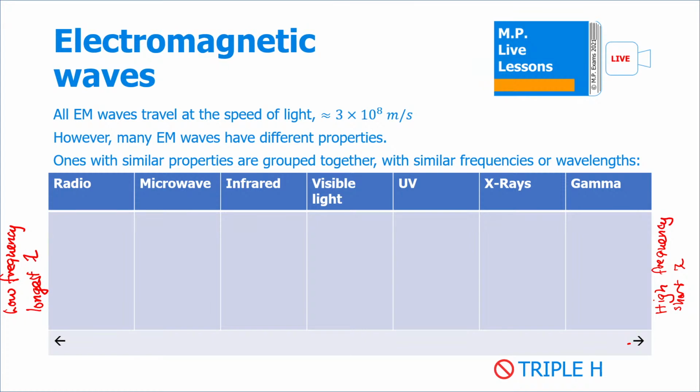So first we start off with radio waves, and now these, by their name, are used quite often to transmit radio signals. These could also be used for, let's say, Wi-Fi, like data transfer, and so on.